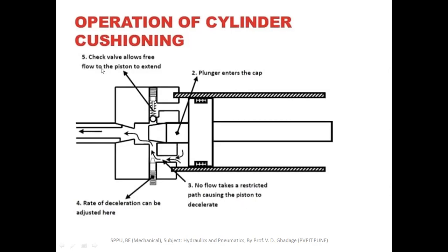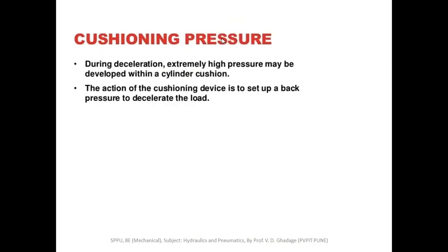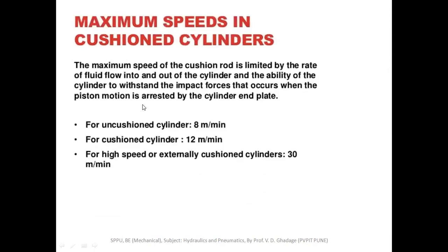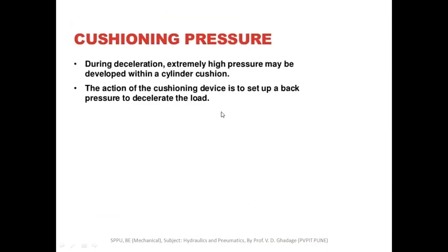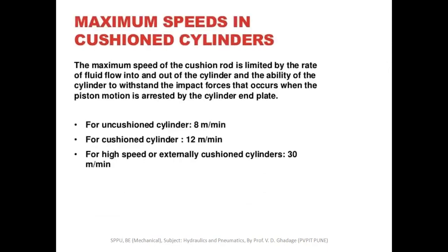The check valve allows free flow to the piston to extend. Cushioning pressure. During deceleration, extremely high pressure may be developed within a cylinder cushion. The action of the cushioning device is to set up a back pressure to decelerate the rod.